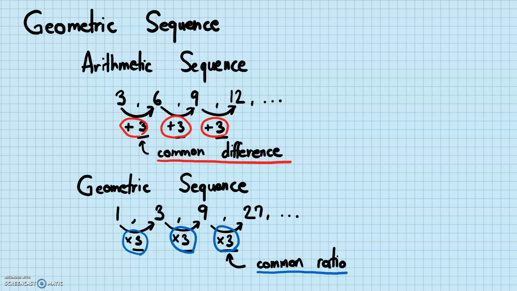Okay, so given a geometric sequence, let's see if we can derive a few more characteristics about it. So let's consider a sequence here: 4, 8, 16, 32, etc. So this is a geometric sequence.